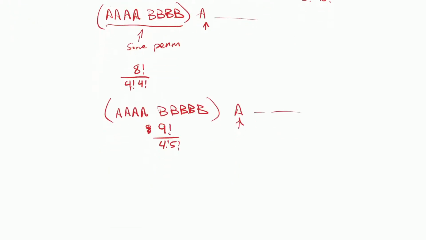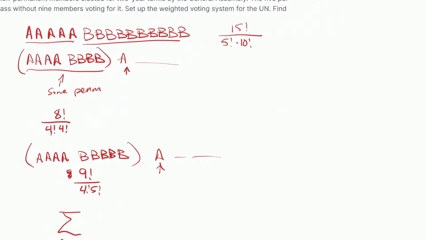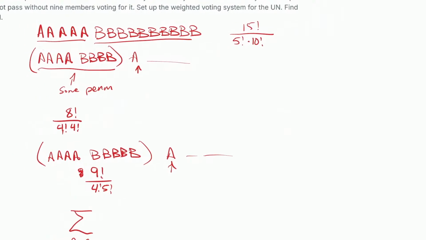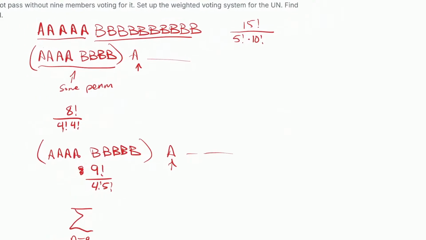The final answer for the number of ways that any A could be pivotal is the sum where, let's see, we go from 8 to, what's the last one? There's 15 of these people, so 14, I guess.